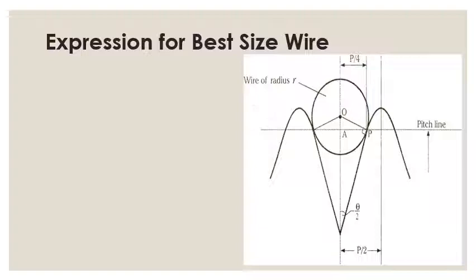That is, the wires we use as best size wires for the 2-wire or 3-wire method, when we place them between the two flanks of the screw thread, should be placed in such a way that they make contact on the pitch line. Such wires we call best size wires.